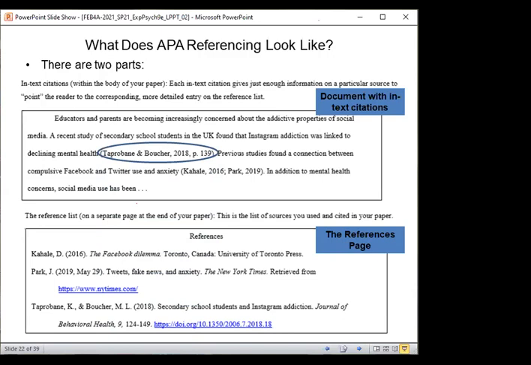So if you wanted to find out exactly what they said and how they stated it, and you needed something from that paper, the original source, because they talked about something you're very interested in, then you go to the references page at the back, and you have it here. And in this new digital age, you could probably click on a link, and it could probably take you to it. All right.